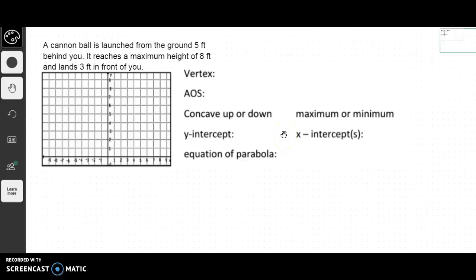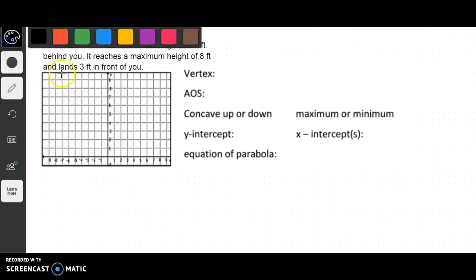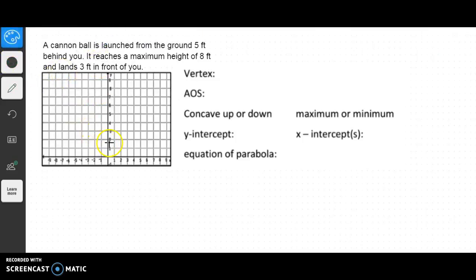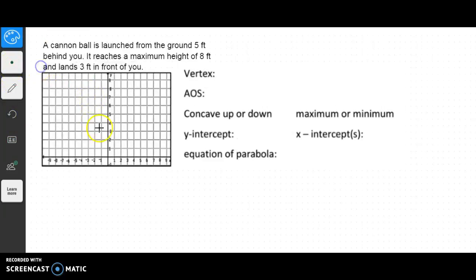A cannonball is launched from the ground 5 feet behind you. It reaches a maximum height of 8 feet and lands 3 feet in front of you. So what we should do is make sure that, let's assume that you are standing on the origin. And I'm going to make you a little smaller.